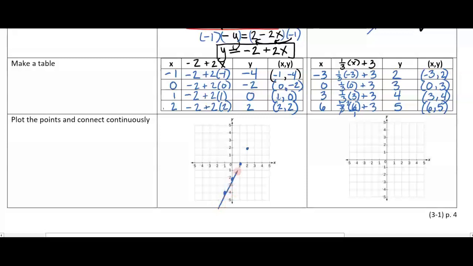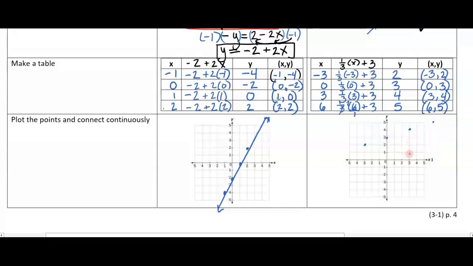Linear functions are continuous straight lines all the way to the end of the graph and an arrow at the end. Right? And then for this function, I have -3, 2, 0, 3, 3, 4, and 6, 5.